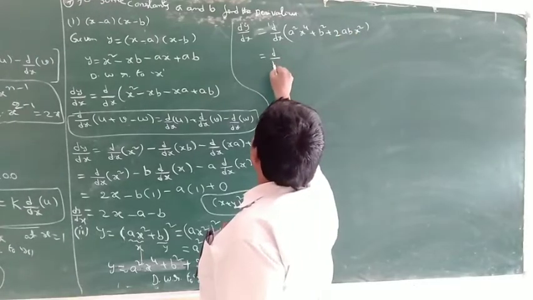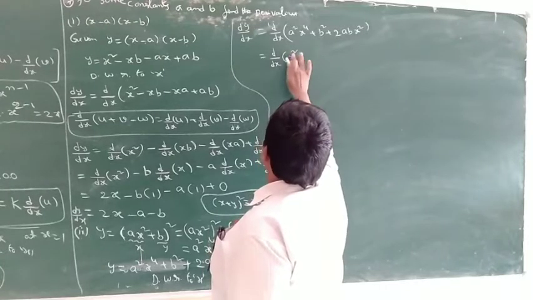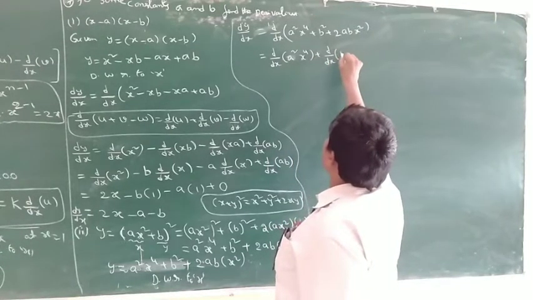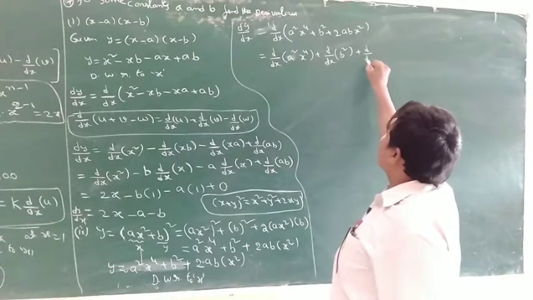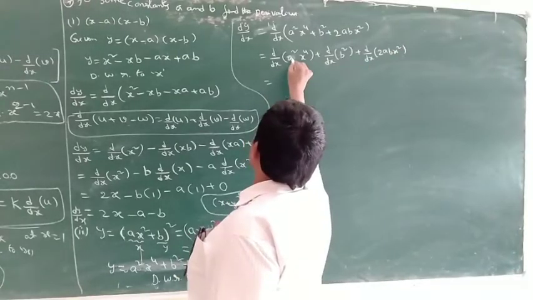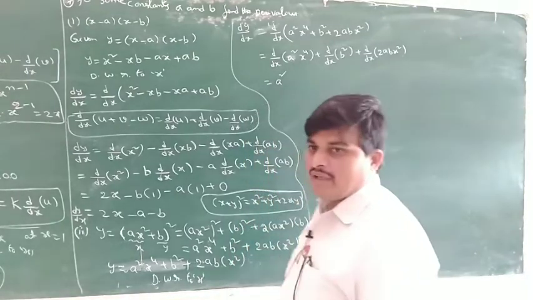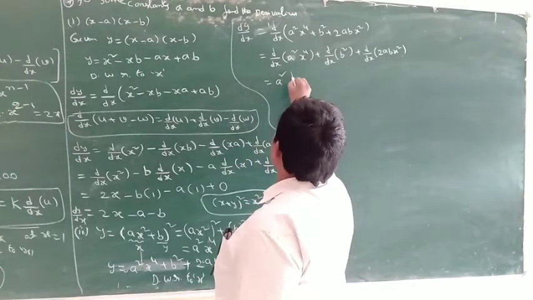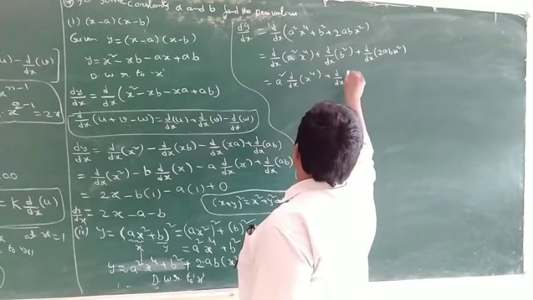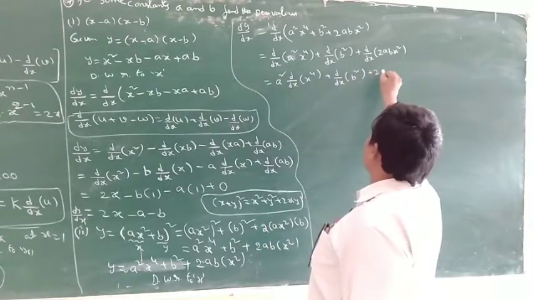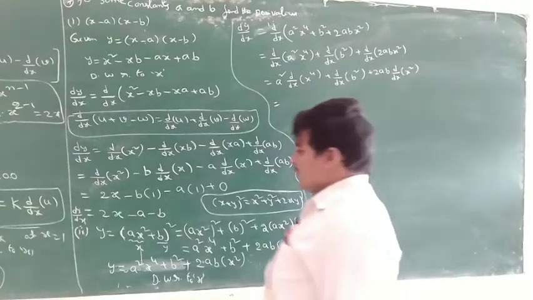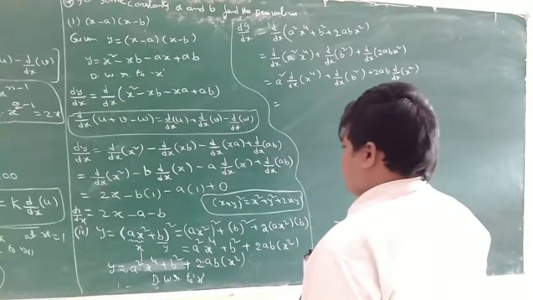That is equal to d/dx of a²x⁴ plus d/dx of b² plus d/dx of 2abx². Constants are separated from the derivatives: a² into d/dx of x⁴ plus d/dx of b² plus 2ab, a constant, into d/dx of x².